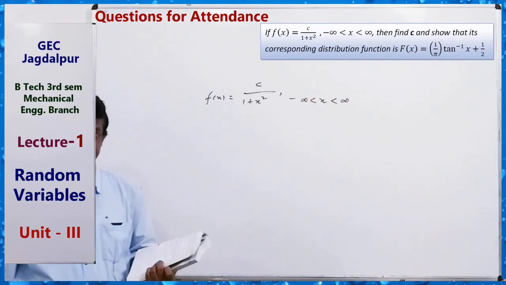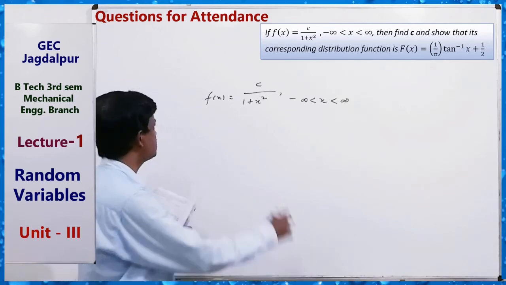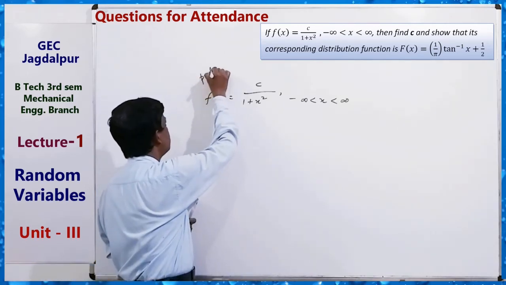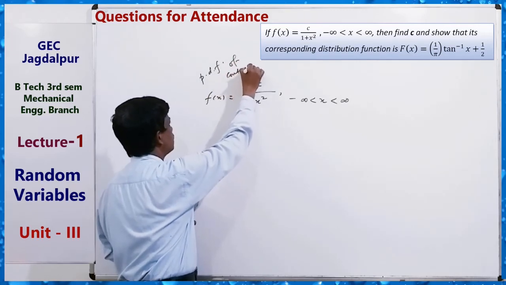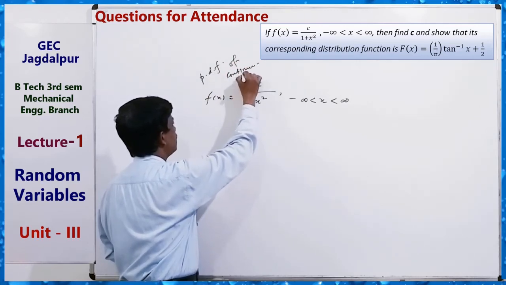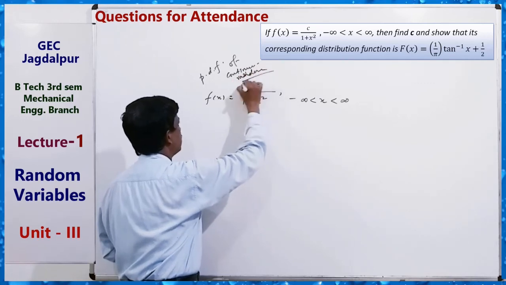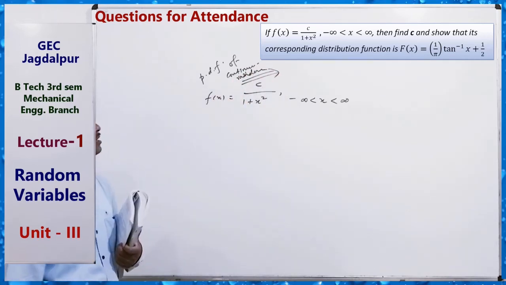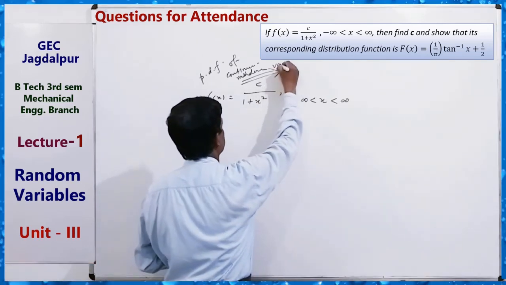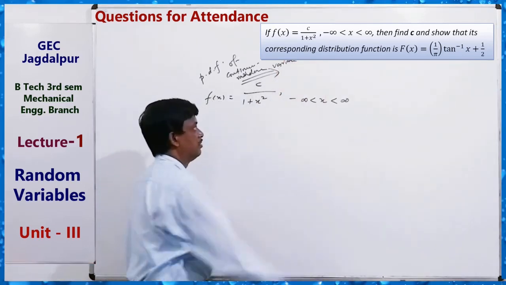Just like this it is given. f(x) means the PDF of a continuous random variable.